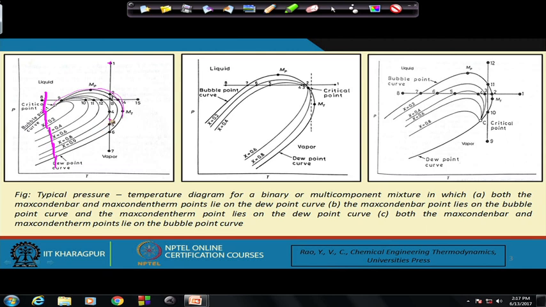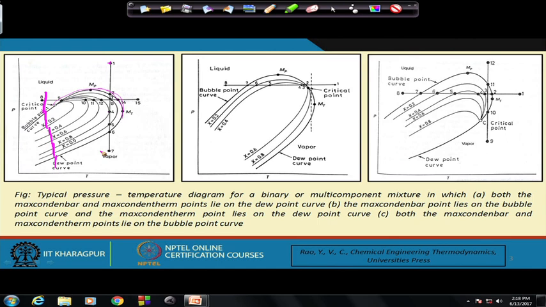If you observe closely, from 4 to 5 you have moved from a lower quality to a higher quality line. And if you continue, at point 6 you again reach the dew point curve, and beyond that, when you continue this expansion process, you again result in the vapor phase.